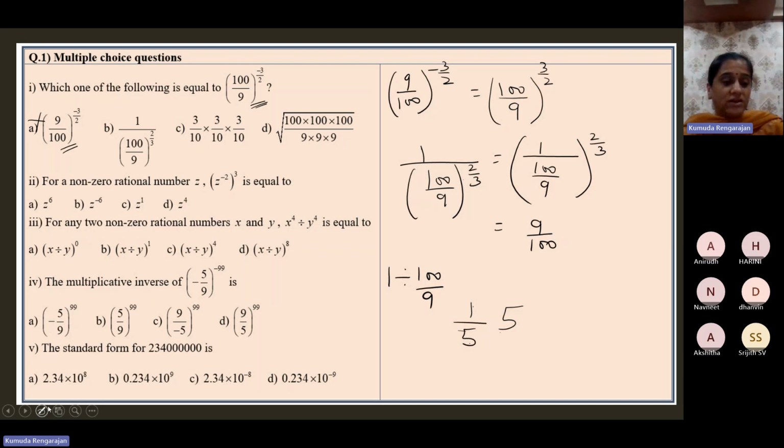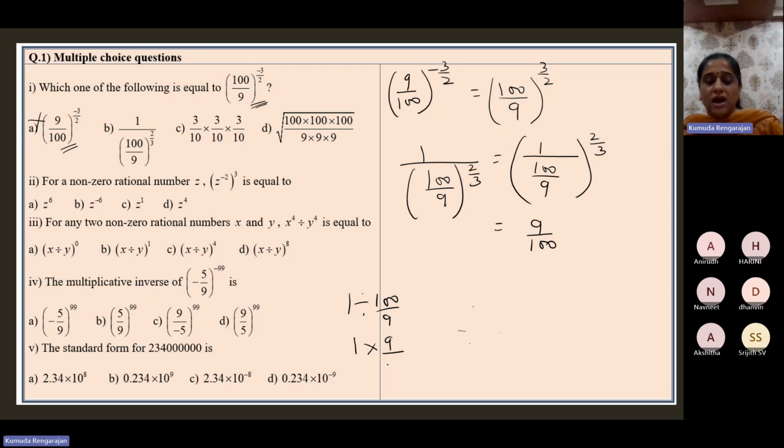Okay. If you want to understand this in a different way. So see here. What is it actually? It is 1 divided by 100 by 9. Okay. Which is 1 into 9 by 100. Correct? Yes, ma'am. So it's nothing but 9 by 100.